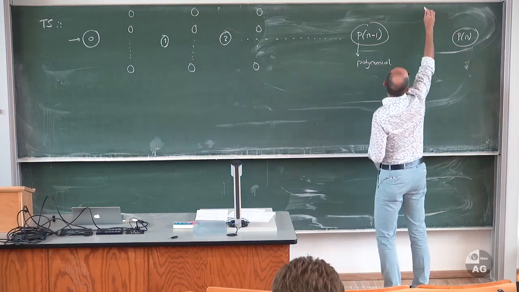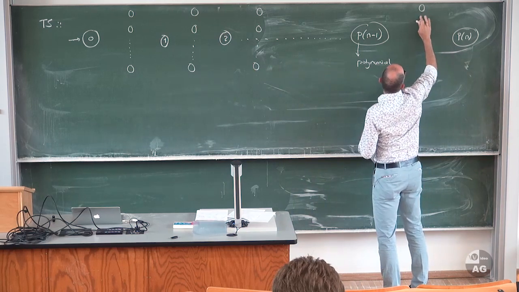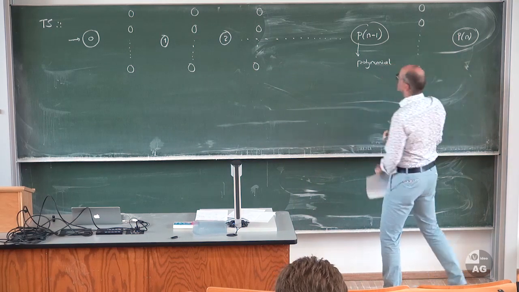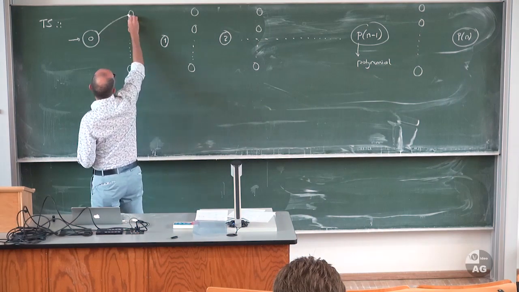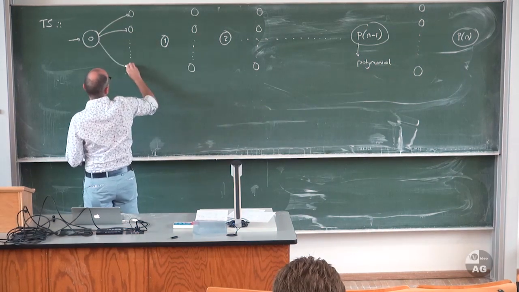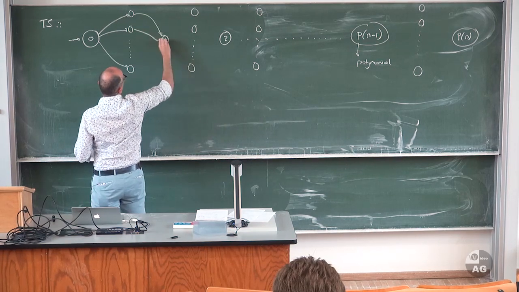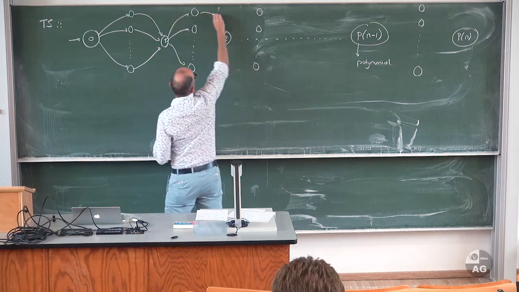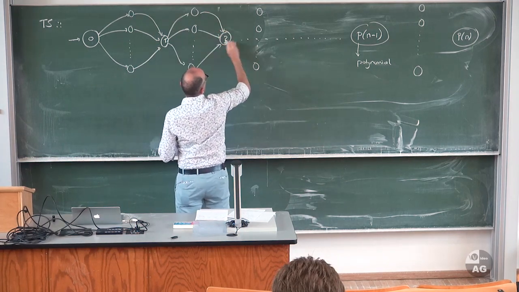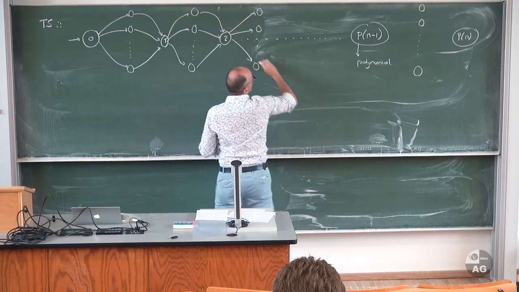So in between any pair of those states there is such a set of other states, and there are transitions to all of them. So this can move here, it can move there, and so on.